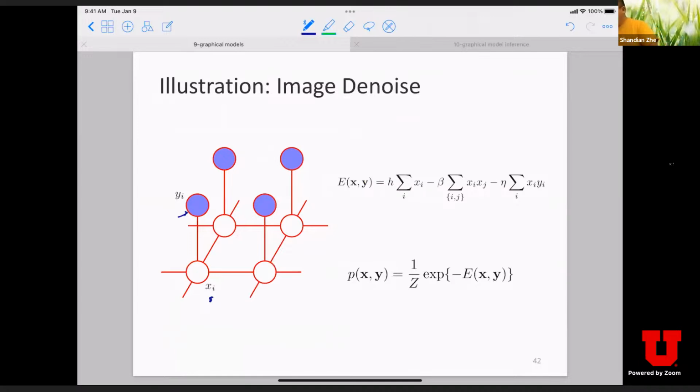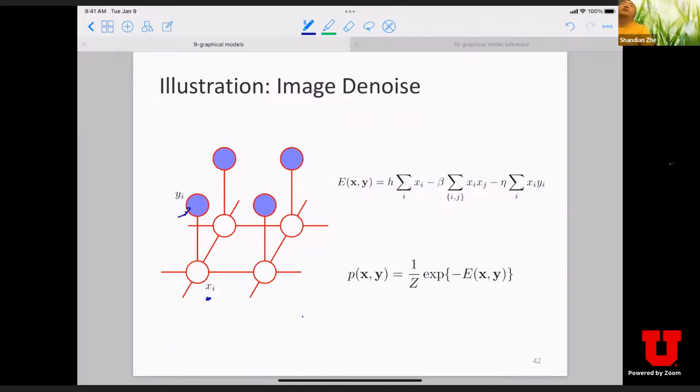Because the pixels are put in a grid, we can connect the neighboring pixels to form a graph structure. So that forms our graphical model. Then, how do we build up a joint probability of the latent ground truth pixel values and observed noisy pixel values, denoted by xi's and yi's respectively?